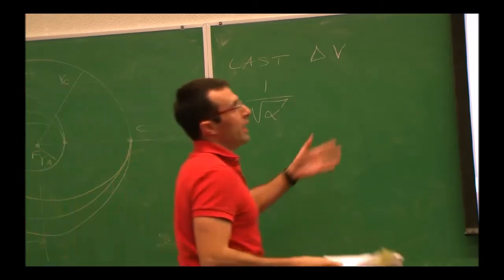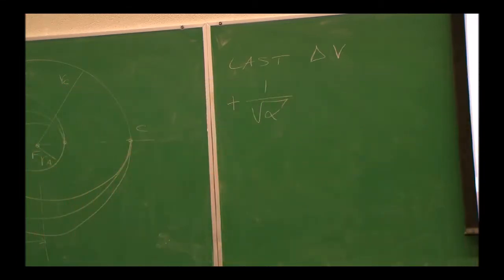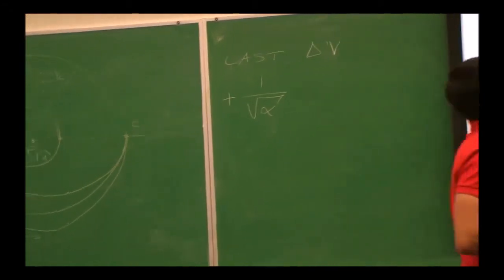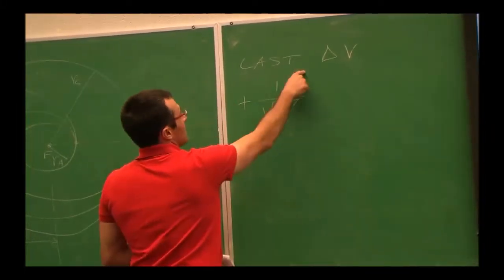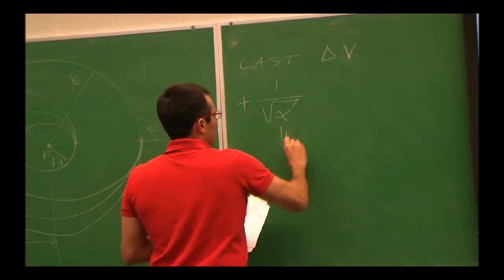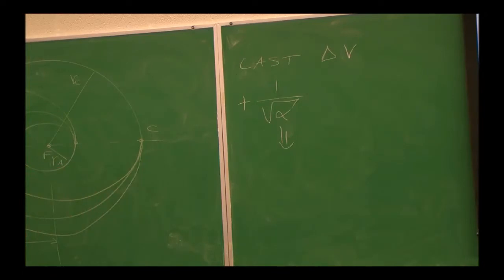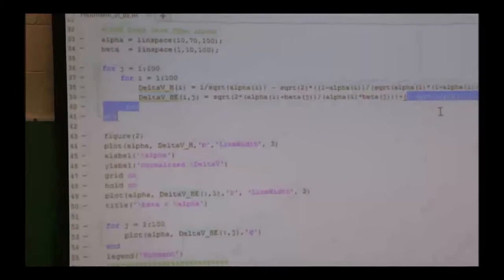So basically, when you put everything together, you will have a minus 1 that belongs to the first impulse. And here you will have a minus as well, so the minus is collected outside, and you get this expression there. So instead, last delta V will have a plus. In other words, as I have in the code, everything remains the same in that expression except this piece right here.